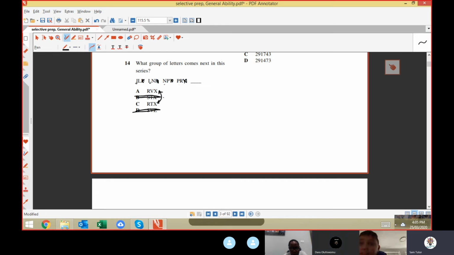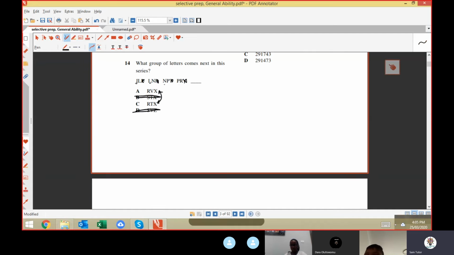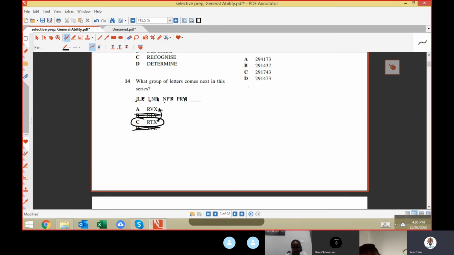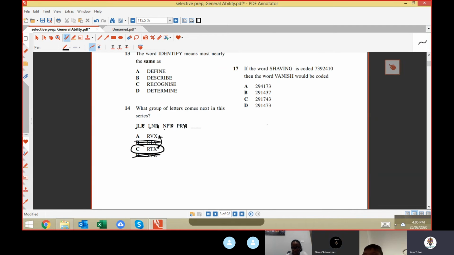Yes. Then we just use the same pattern for the next one: L, N, P, R. It is the same pattern, it's just going to be T this time. So the answer is RTF. Good job. Am I going too fast for anyone? No. Great.